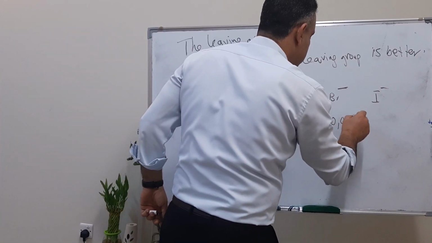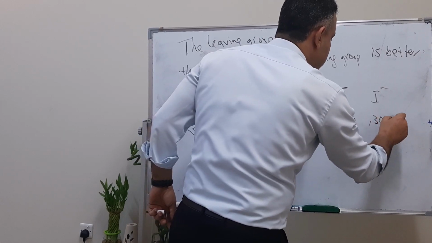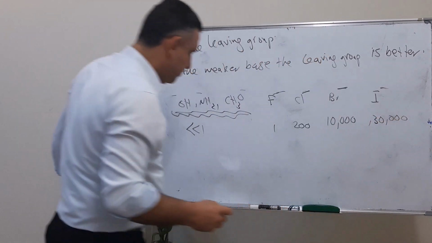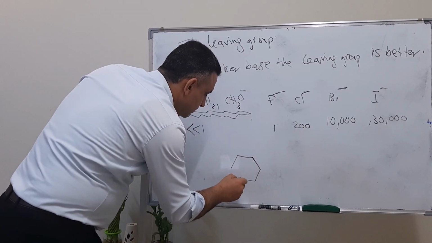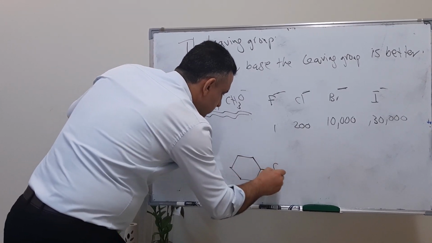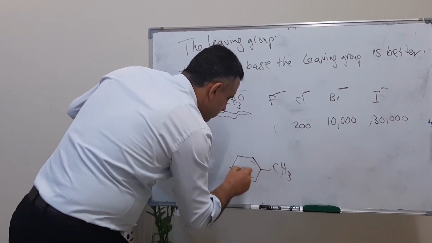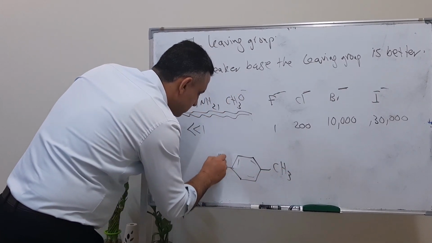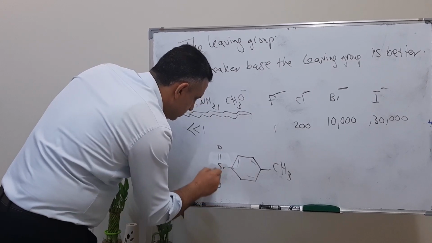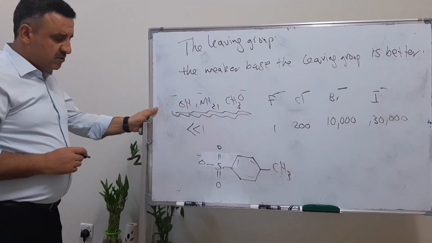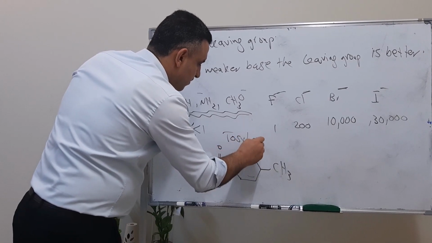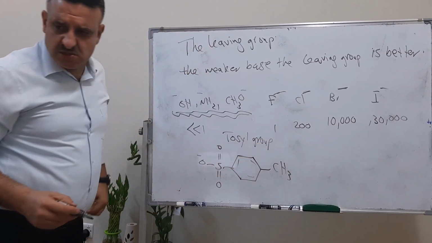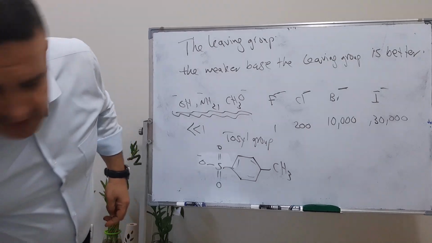And this group here, we call it the tosyl group, and it has 60,000.